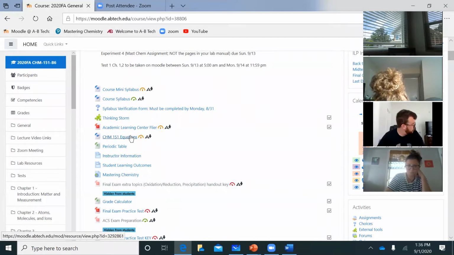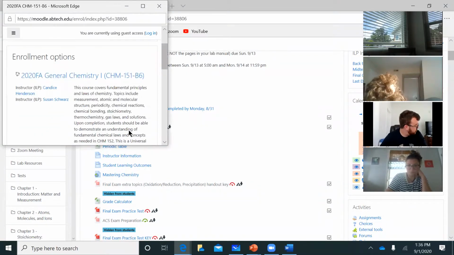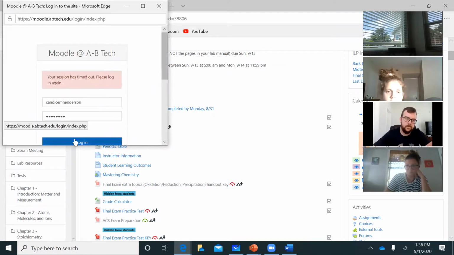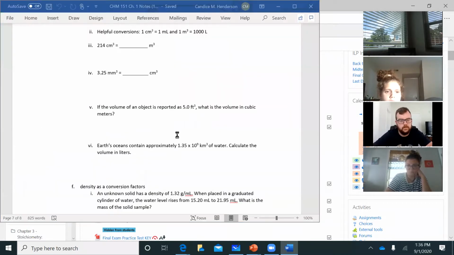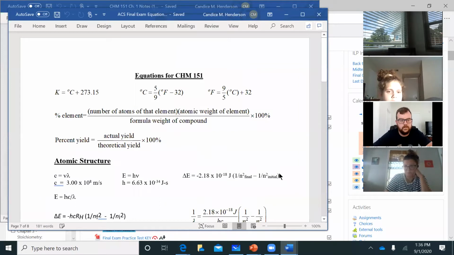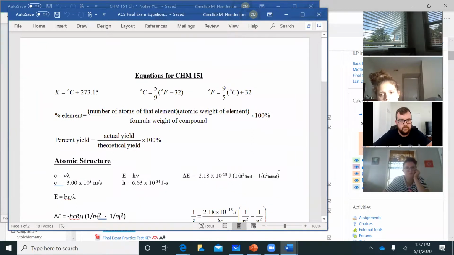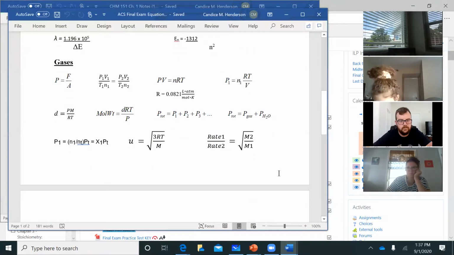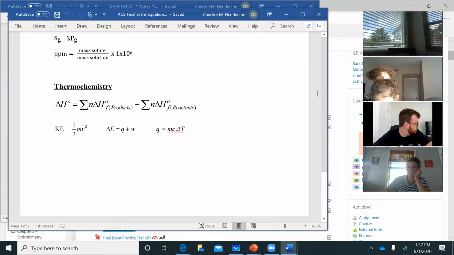Instructor information, 151 equations. Please log in. So this has some of the equations, but it doesn't have the conversion factors.